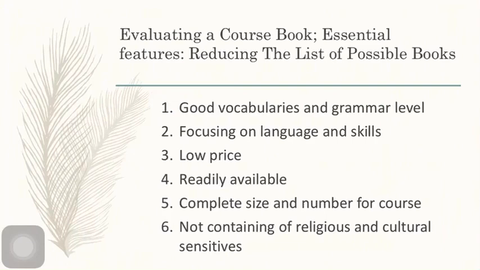If I as a learner have money to buy online, I have to buy online with the complete materials in a course book. For readily available, if the course books are not readily available, then they will not be bought.